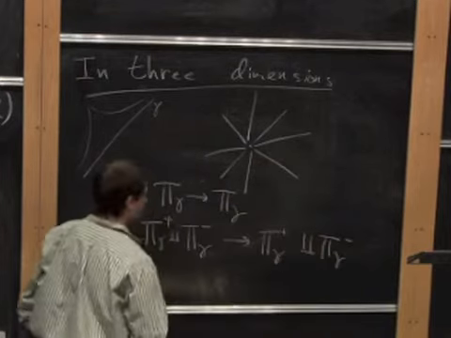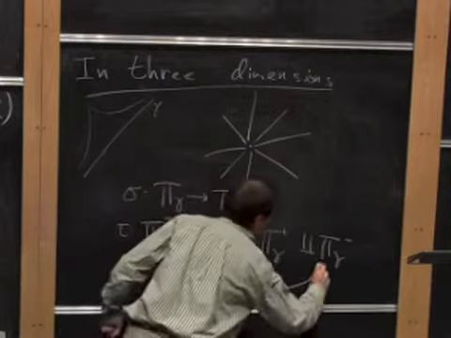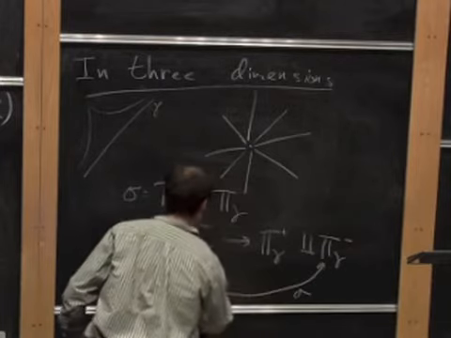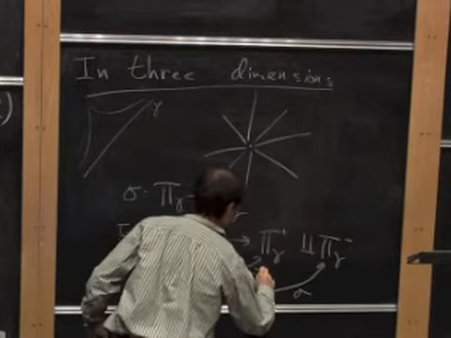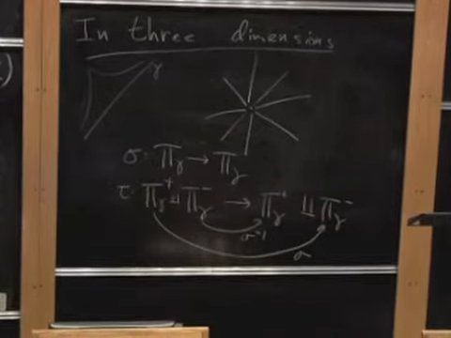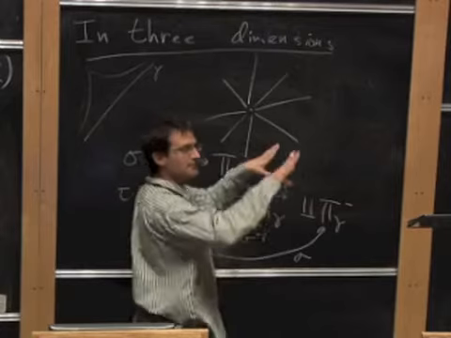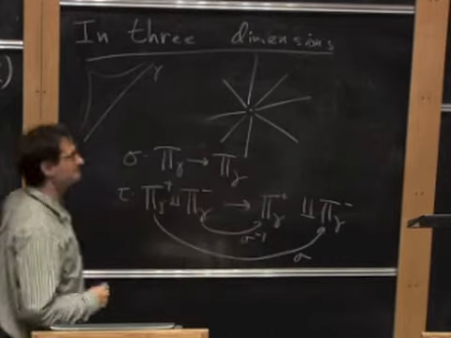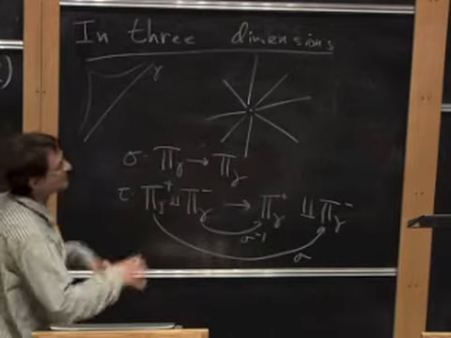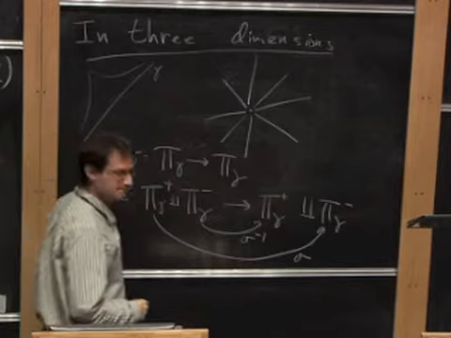And the idea is that this is just going to do sigma, and this is going to be sigma inverse. Okay? And then you can easily check that this is an involution, and it's going to pair things with things opposite. Okay, so in 3 dimensions, it's this very simple business.